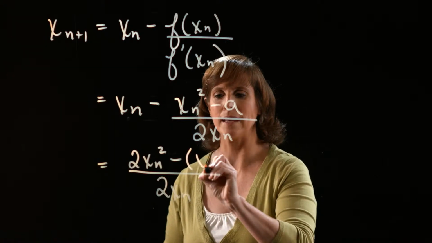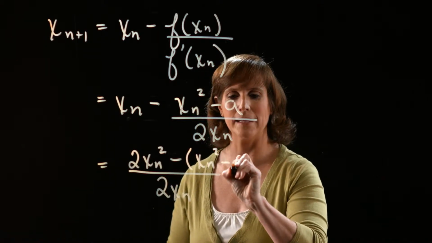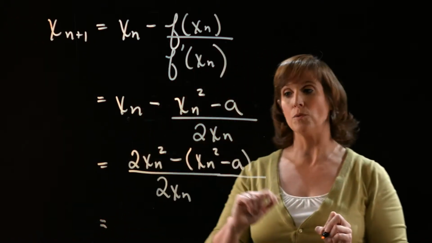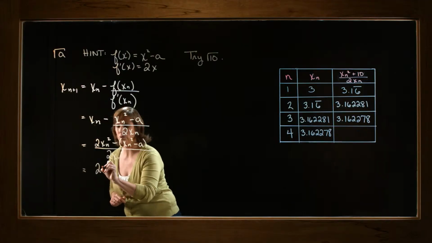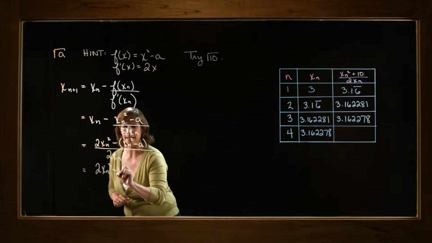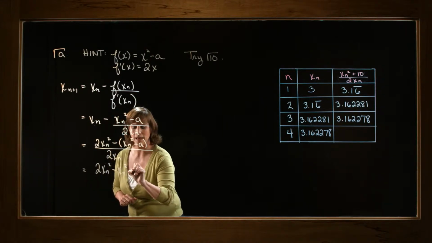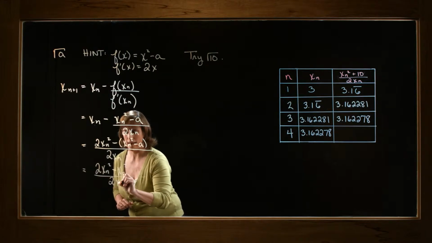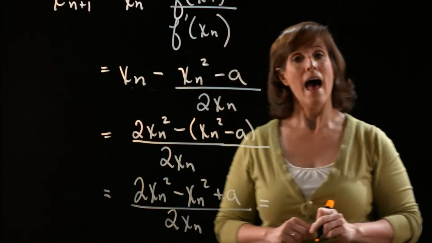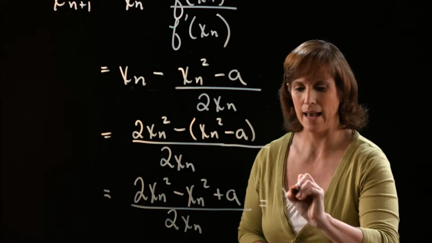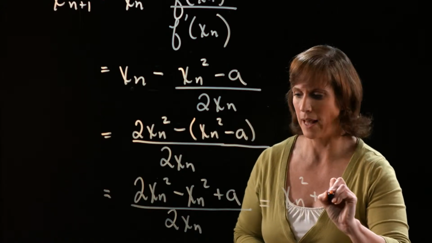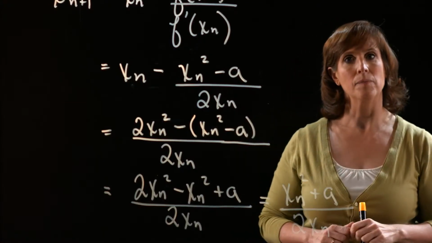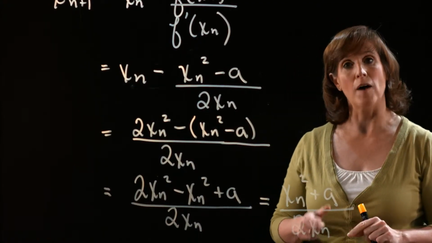So I'll be subtracting x sub n squared minus a. Distributing my minus across, I have 2x sub n squared minus x sub n squared plus a all over 2x sub n. And finally, that reduces to x sub n squared plus a all over 2x sub n. That's going to give me a rule for finding the roots.